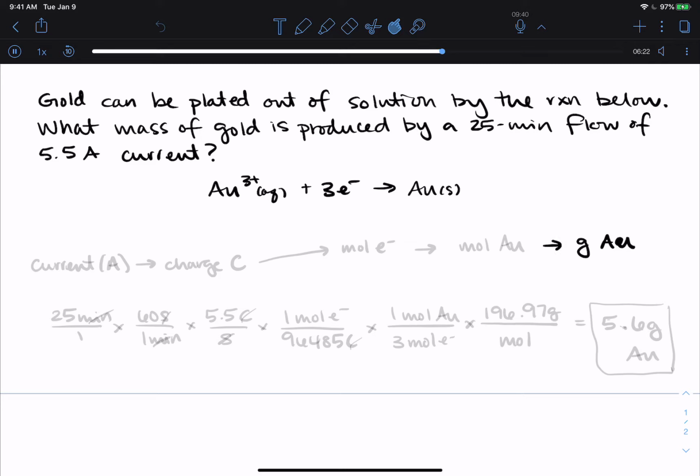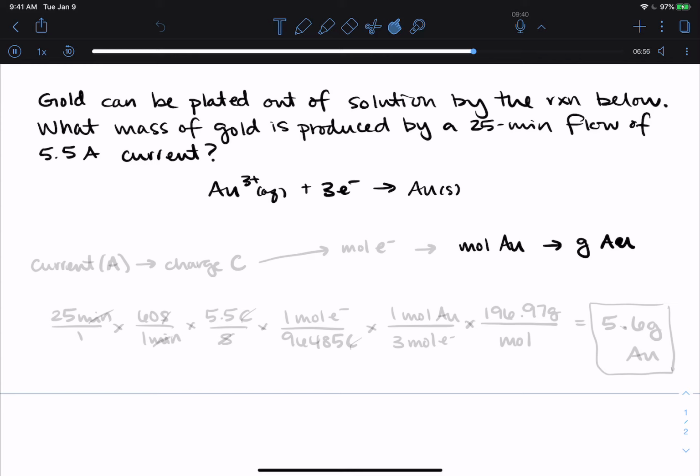So, all right, let's just kind of step back incrementally. I know that I can get from moles to grams. So if I can figure out how many moles of gold I produce, then I can just go look up the molar mass of gold and get to the grams value. So what we just looked at with Faraday's law is kind of setting up that I can use this reaction in order to go from electrons to gold, right?